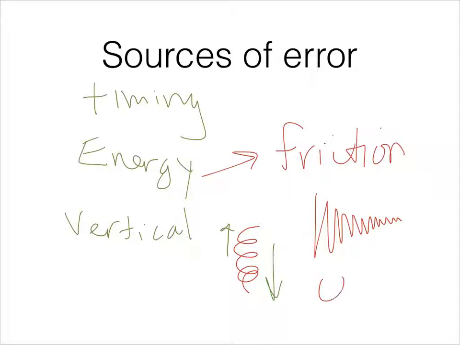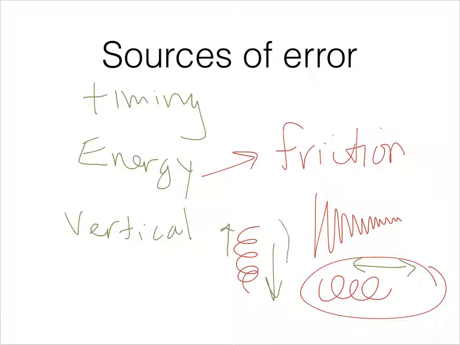Whereas if you do it horizontally and look at that going back and forth, the gravity acting on it is the same throughout the whole scenario. So these examples are more realistic, or I guess better suited to simple harmonic motion. And so some of our error could have been just the fact that we had to do it vertically just to get our data. So those are the things I'm looking for.